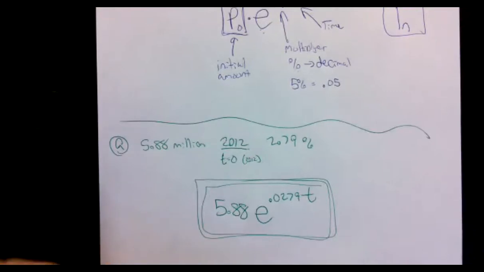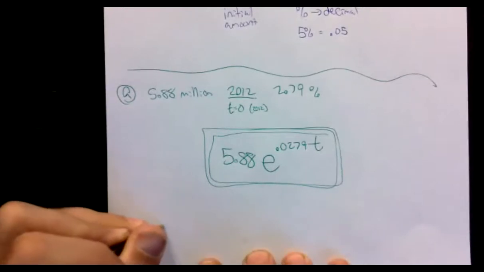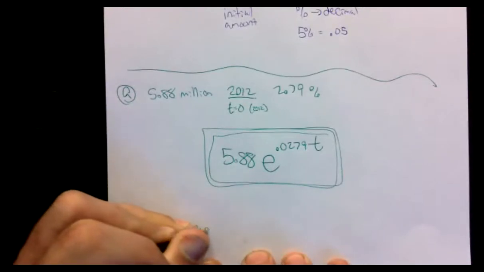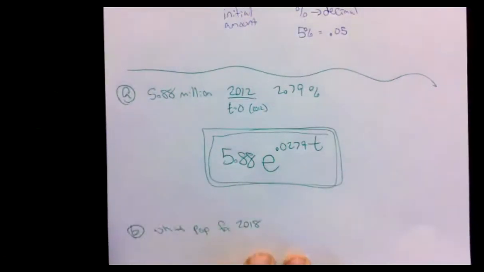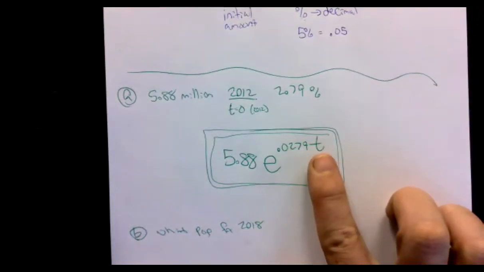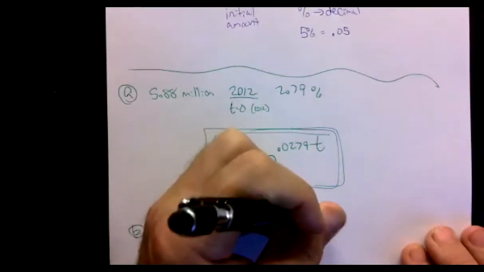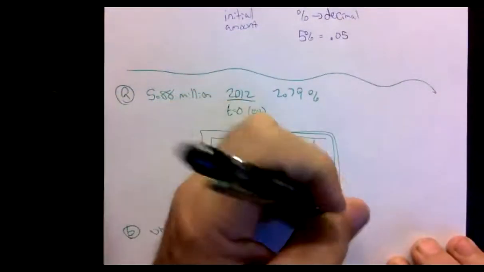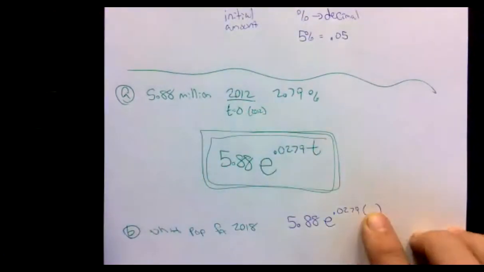Okay, then part B was asking, what's the population for 2018? They're just asking us to plug in our t value. So we take our growth function, 5.88 e^(0.0279t), and we're going to plug in.